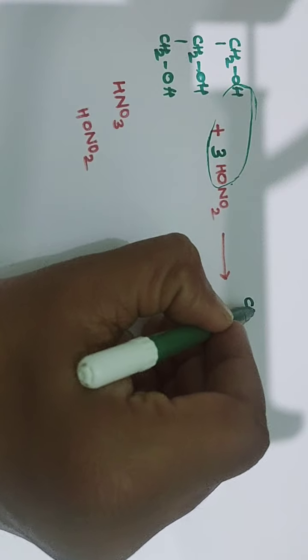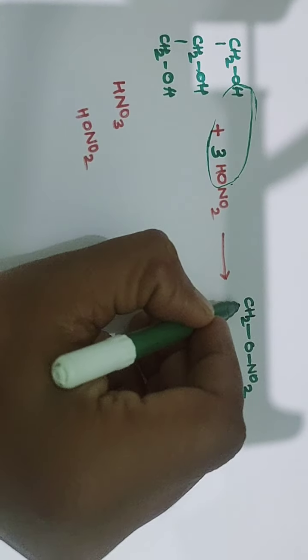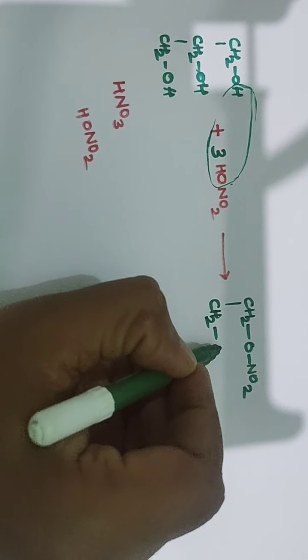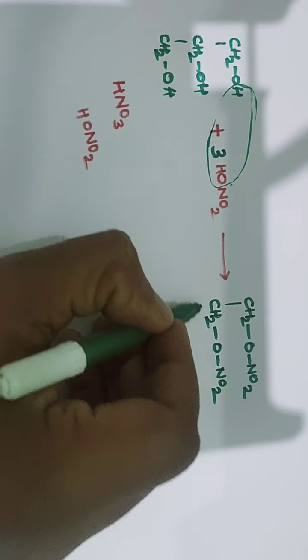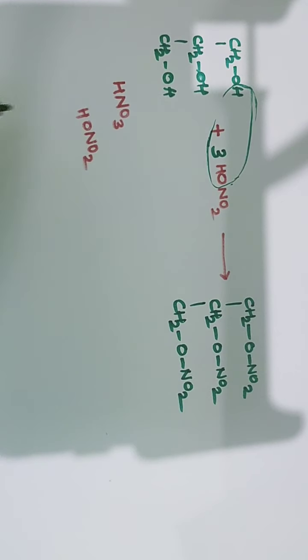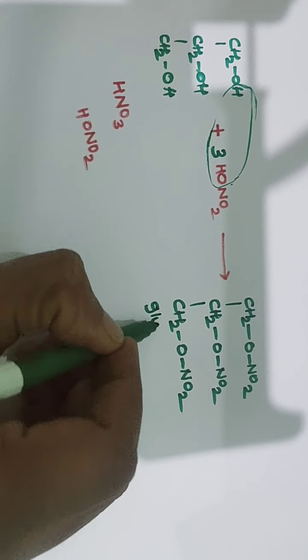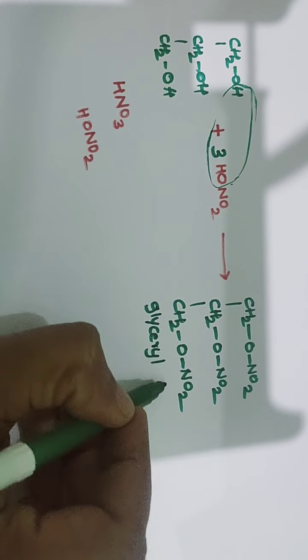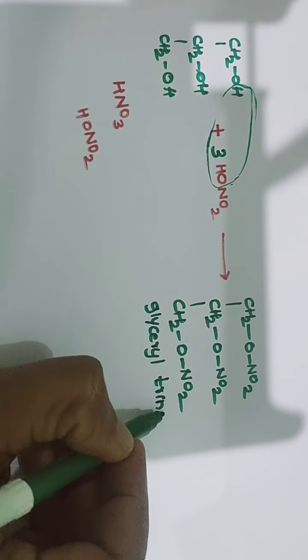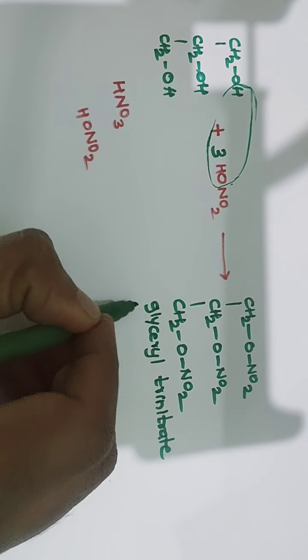resulting in the formation of CH2ONO2, CH2ONO2, CH2ONO2. So this is glyceryl trinitrate or nitroglycerin.